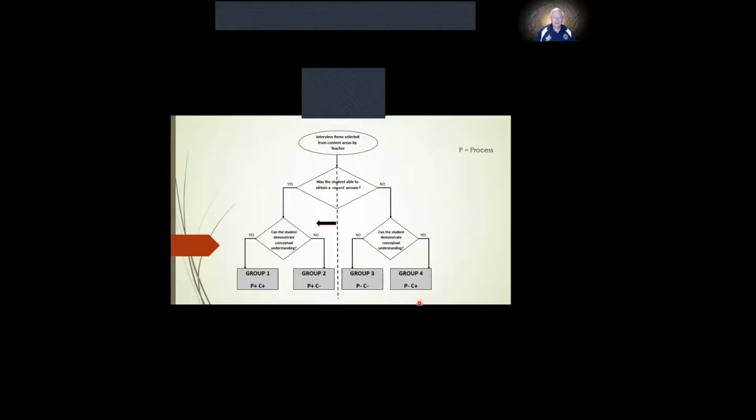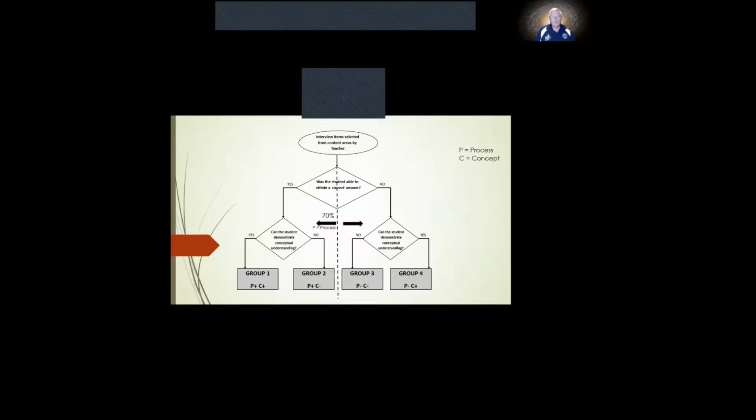So again, on the left side, we have process. On the right side, we do not have process. And our abbreviations, we're using P for process, C for concept. In our groups, we can see whether or not a specific group has process or concept by following this little flow chart here in terms of were they able to get a correct answer and were they able to demonstrate that they understand what's going on to an observer or through some other mechanism.